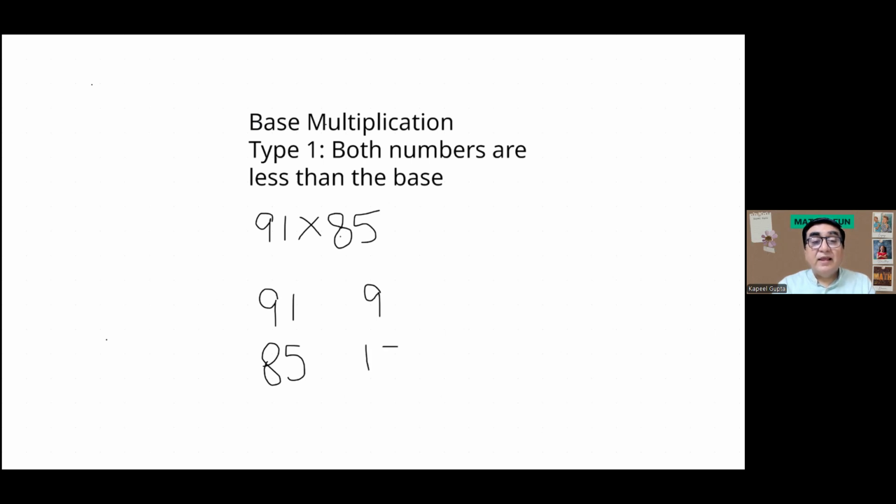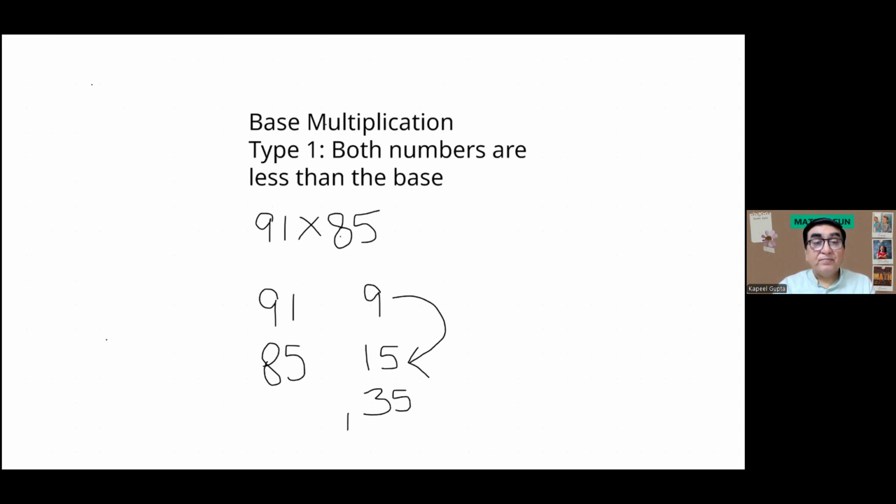Now, when I multiply 9 and 15, 15 nines are 135. That is a three-digit number. Never mind, because we are working with two-digit numbers only, so I wrote 35 here and 1 as the carry forward.